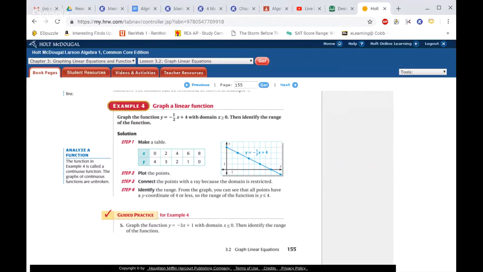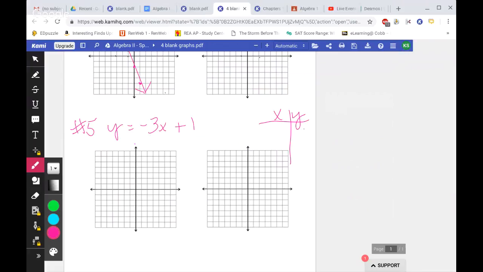So can I pick the number 1 for my xy table? For number 5, I cannot, because it's limiting my domain. It says that all numbers need to be less than or equal to 0. So I can't pick the number 1.